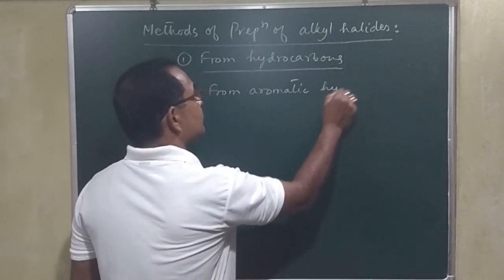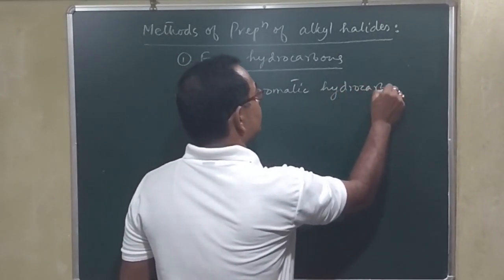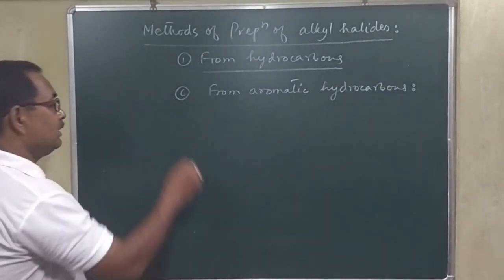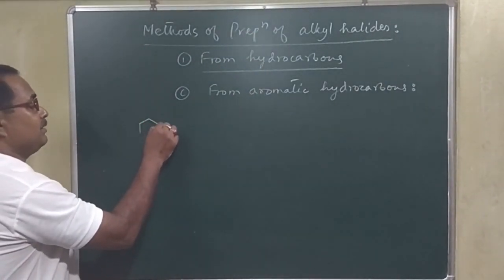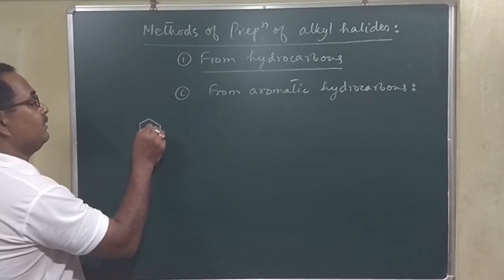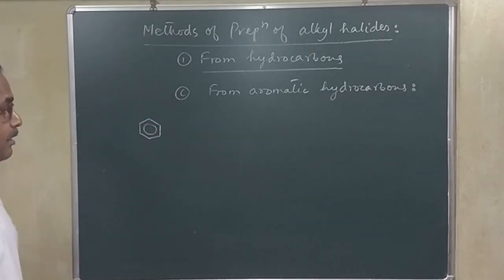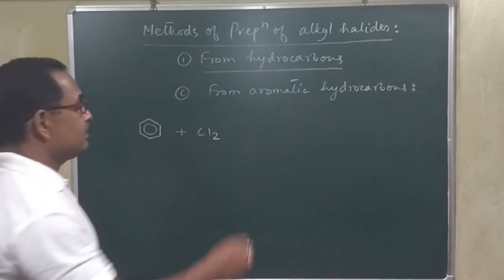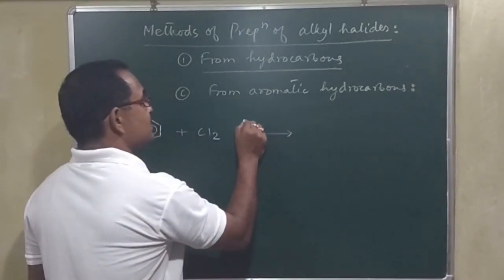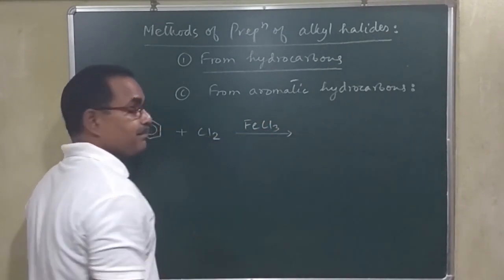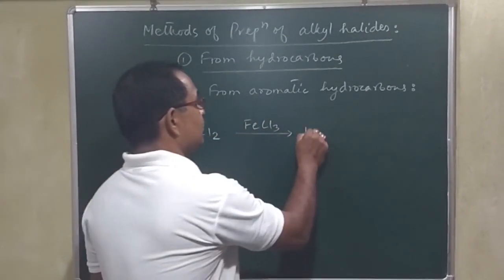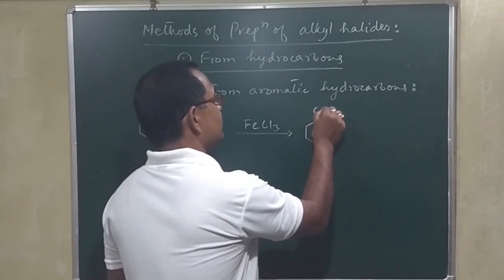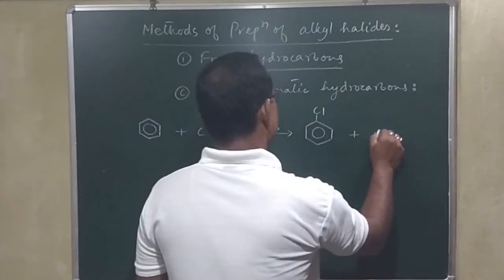We all know the simplest aromatic hydrocarbon is benzene. Now, if benzene is treated with chlorine in presence of FeCl3, ferric chloride catalyst, then we get chlorobenzene.